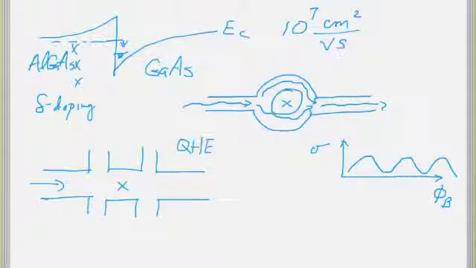And you can model this using NEGF and actually see the quantized sigma xy, and you can see the edge states that develop here in the spectral function, and all of this pops out nicely from your fully quantum mechanical model.